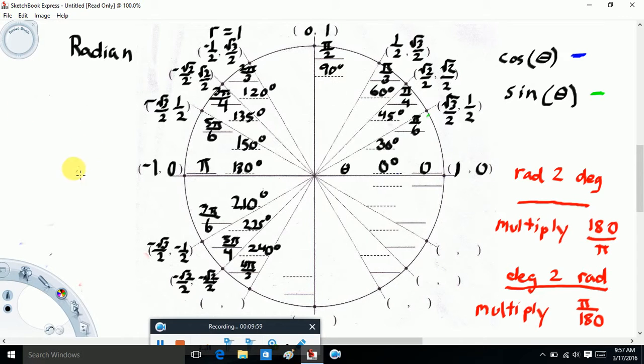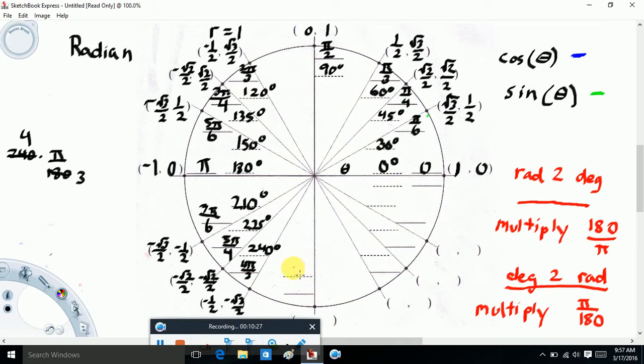So we take 240 and multiply it by pi over 180. 60 goes into that 4 times, 60 goes into that 3 times. 4 pi over 3. So the cosine here is negative 1/2, and the sine is negative square root of 3 over 2.